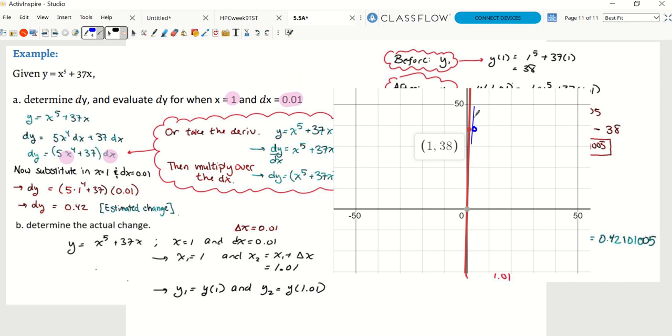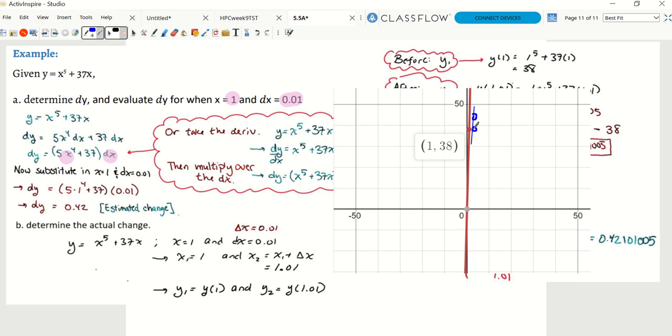So if I go right 0.01, we calculate that it's going to go up 0.42. So it's going to land us maybe at this point over here.